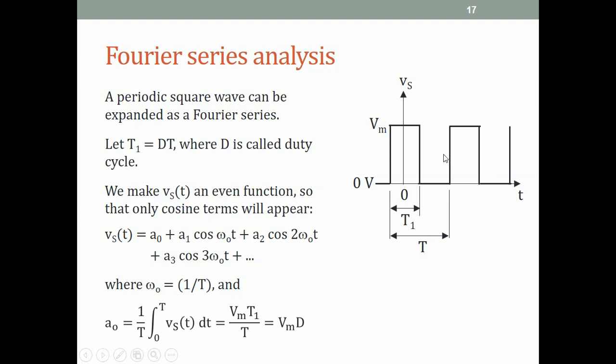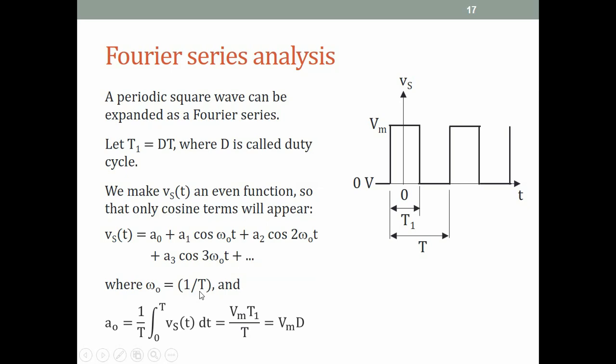Because I have made it an even function of time, Vs(t) can be written with only cosine terms. So we'll say it is A0 plus A1 cos omega naught t plus A2 cos 2 omega naught t plus A3 cos 3 omega naught t, where omega naught is 2 pi by capital T.